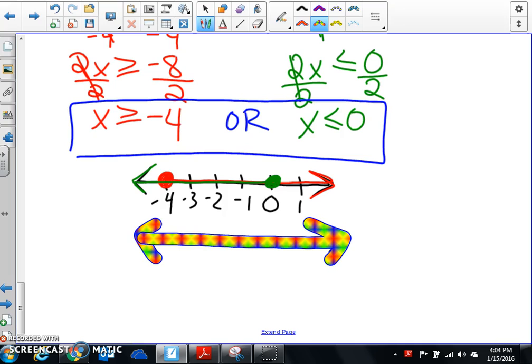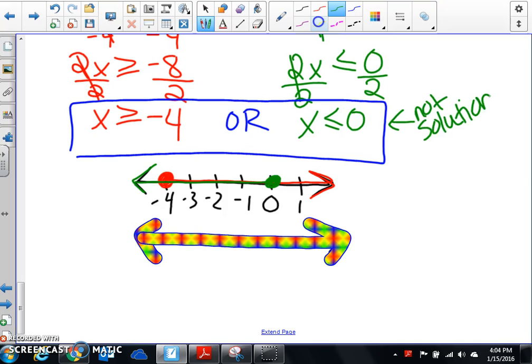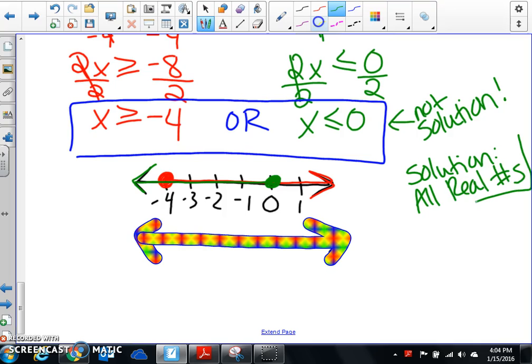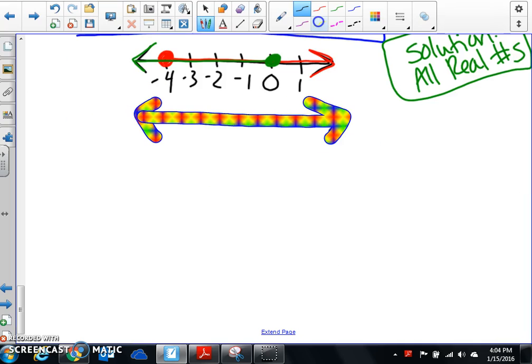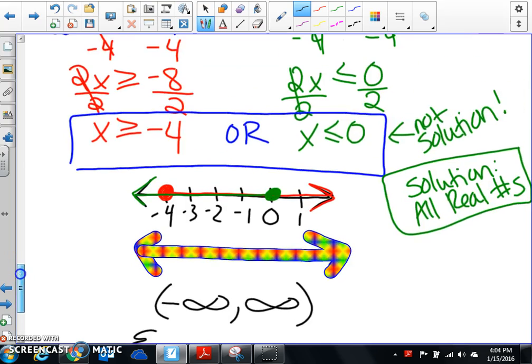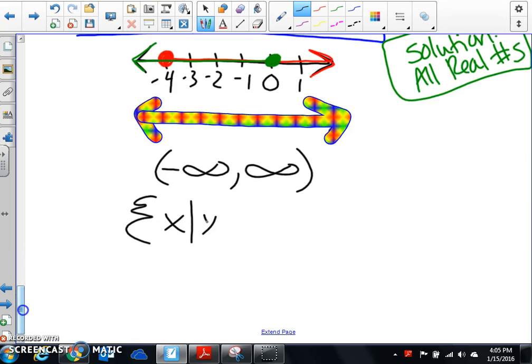So that entire line should be shaded. So actually, the previous result is not my solution, which is why you should always graph. My solution is all real numbers. For interval notation, we have all negative numbers and all positive numbers. And then for set notation, what was our variable? It was x: x for all x, all real numbers.